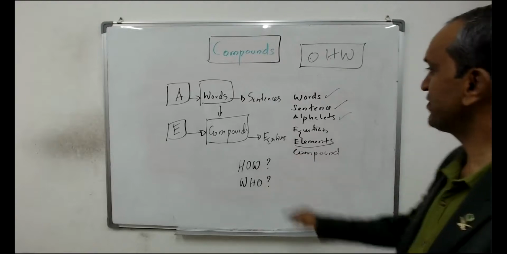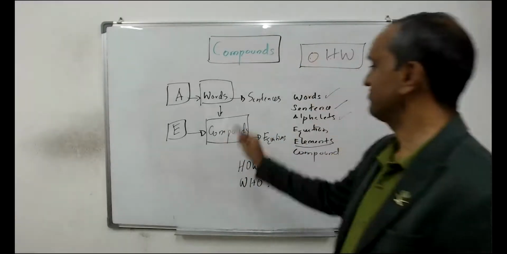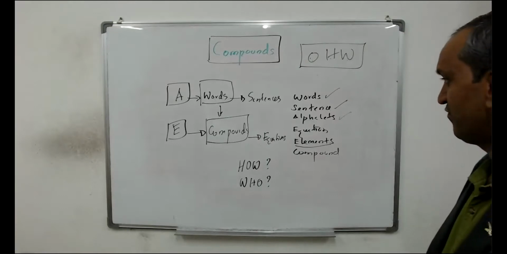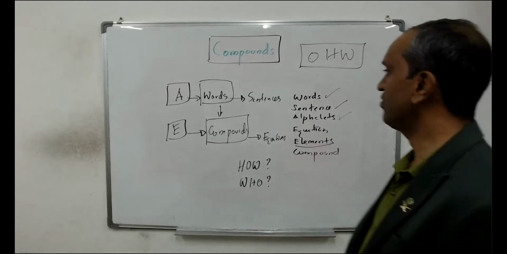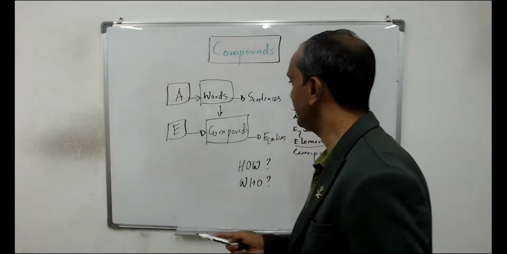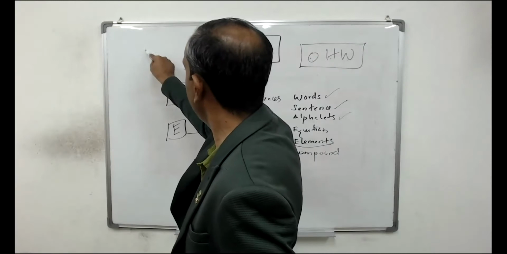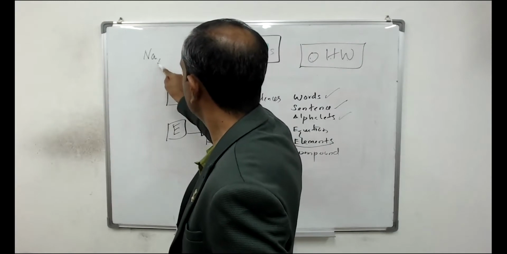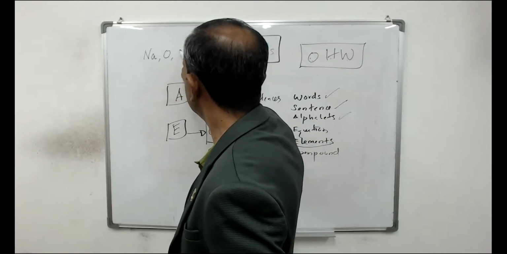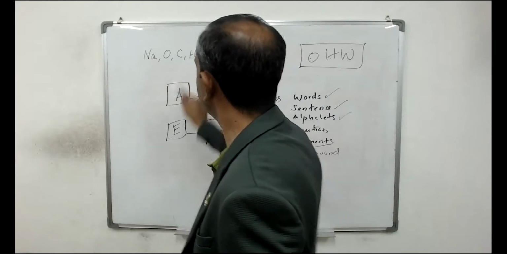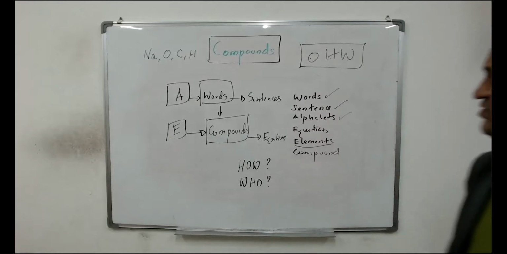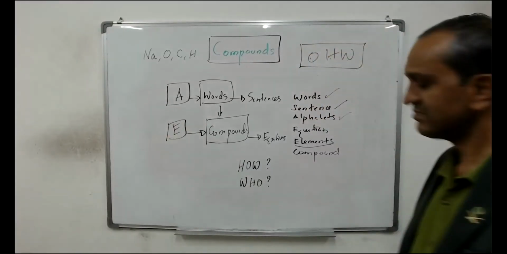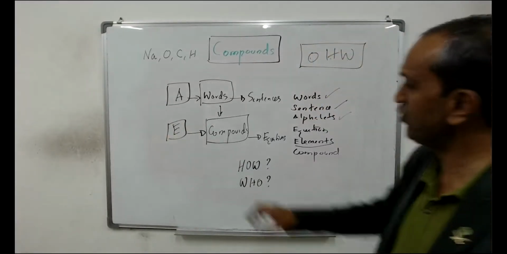Similarly, as far as chemistry is concerned, I'm going to choose 4 alphabets of chemistry or symbols of elements: Na, O, C, and H. What I'm going to do is put them in an order.